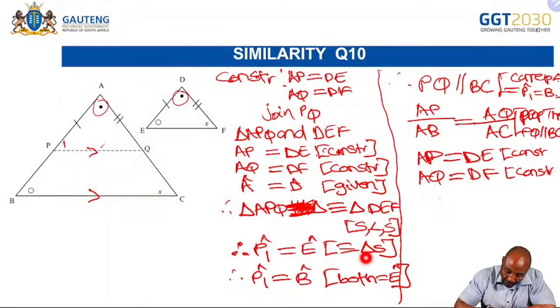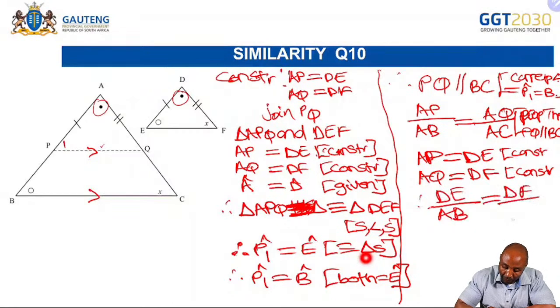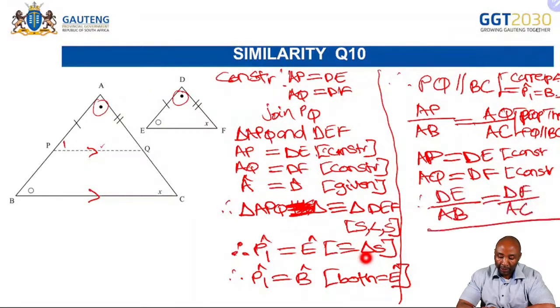I will substitute for my AP. Therefore DE over AB is equal to DF over AC. We are done with the proof.